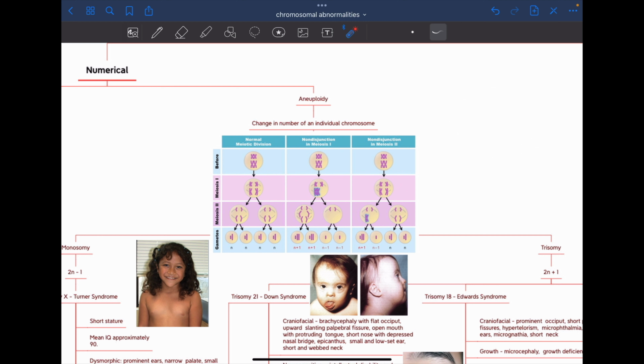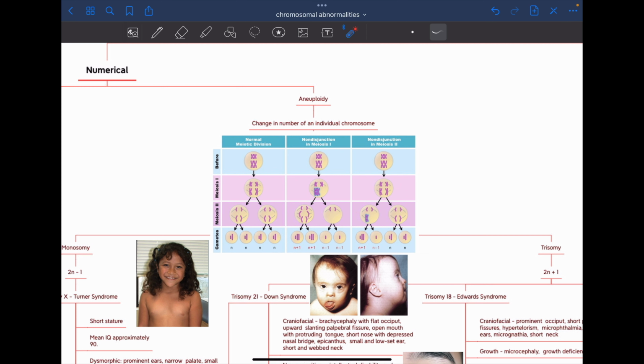The problem with aneuploidy is that you do not have the normal pairs of chromosomes. You can have an extra chromosome or one less chromosome. So there's a problem in the specific chromosome. This is usually a result of non-disjunction. Put in simple words, non-disjunction is basically the failure of chromosomes to separate properly.